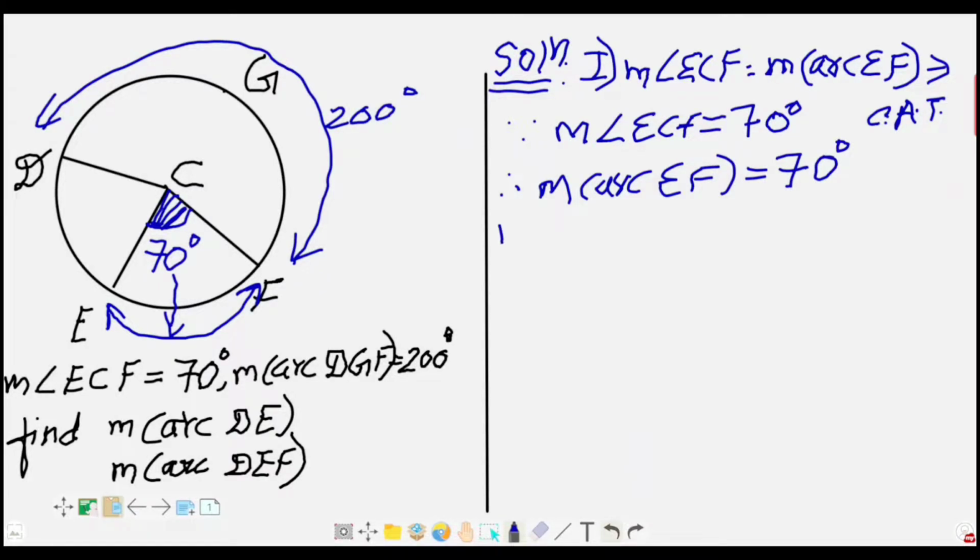Now just look at the figure. There are 3 arcs. Suppose this is my first arc, this is the second arc and this is the third arc. Together they form a circle.